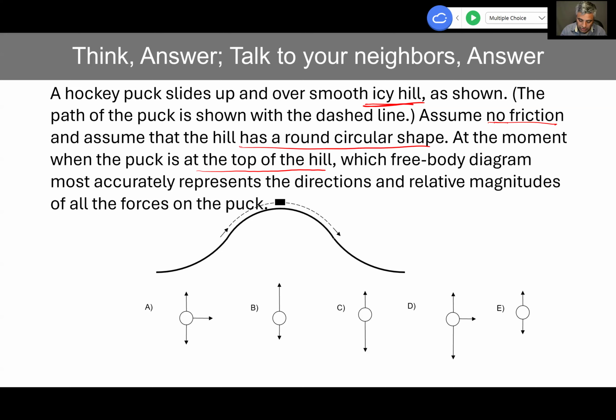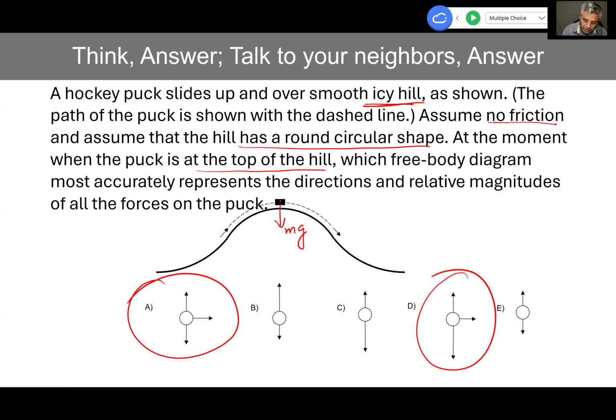Okay, so here what happens is that these two have three forces. Weight is always vertically down, we know, and there is a normal force because it is sliding on the surface, okay?